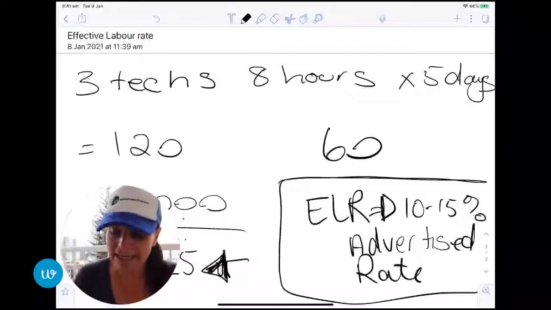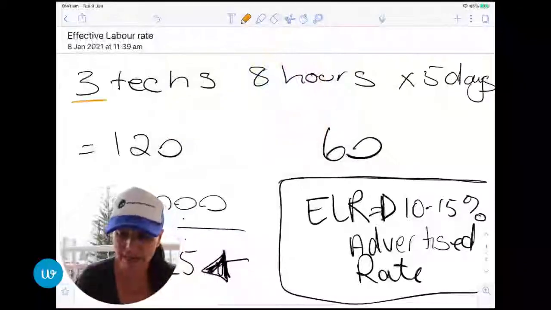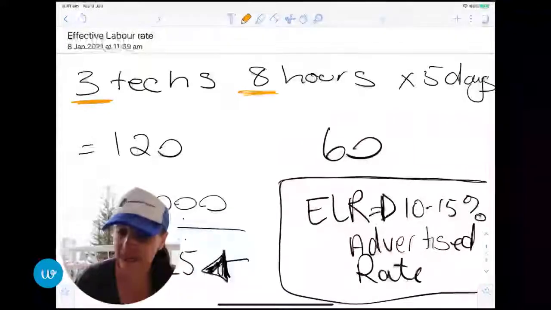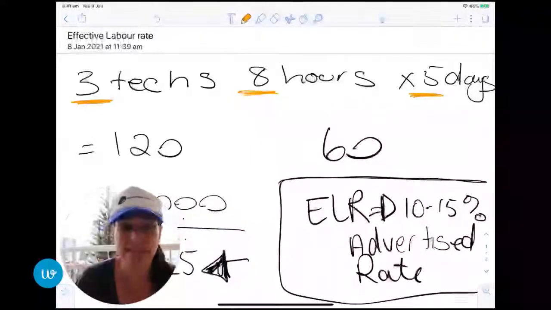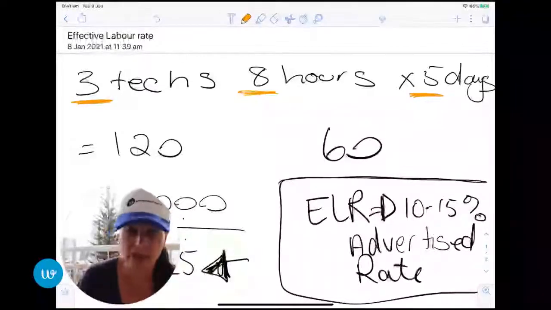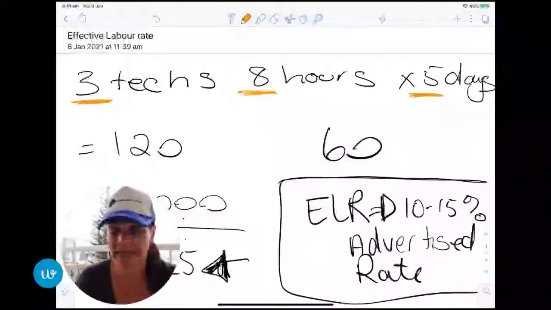So once again, the way to calculate this is to have a look at how many technicians you have. In this case, we have 3. They work 8 hours a day across 5 days of the week. That gives us 120 hours to sell. Our advertised labor rate is $125 an hour.